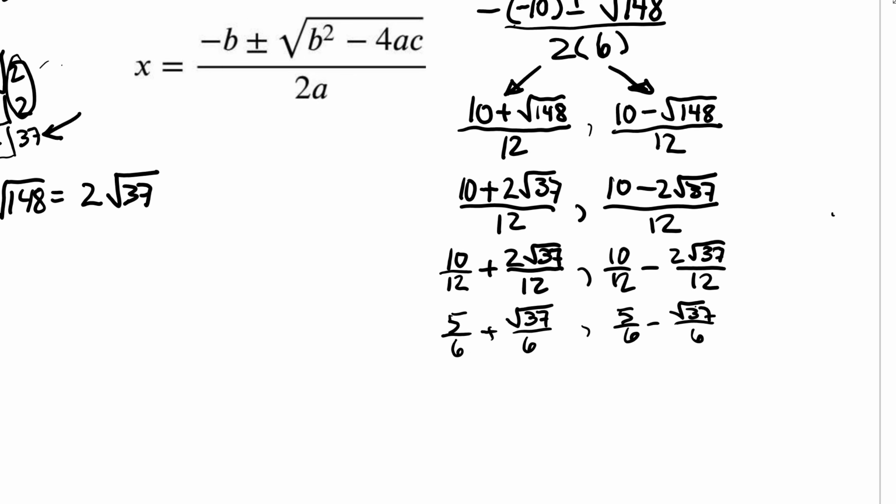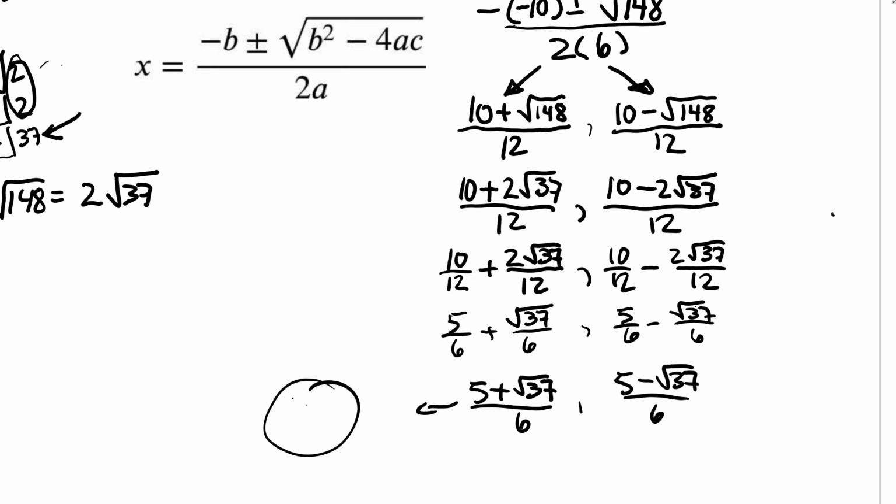And again, important to note that sometimes you might write your answer as 5 plus root 37 over 6, or 5 minus root 37 over 6, or there's some kind of decimal value that goes with this and also with this. And so those are things to keep in mind.